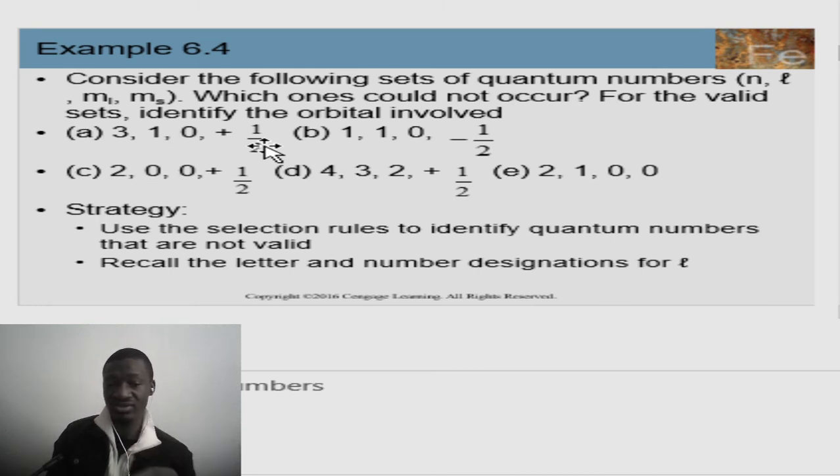And then you have the 0, because for the 1 you could have 1, 0, and -1, so that's valid as well. And for the m_s, you could have a +half, which is clockwise, and -half, which is anti-clockwise. So that's very valid, and that's how we'll go on and on to check.